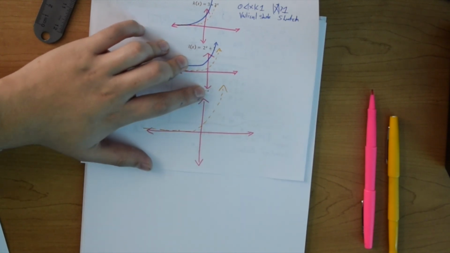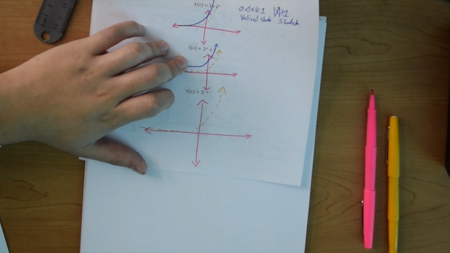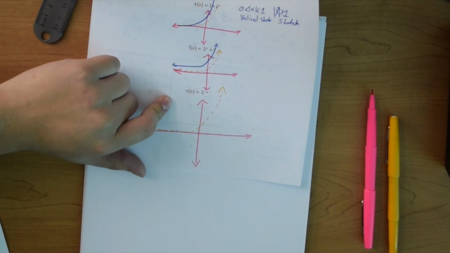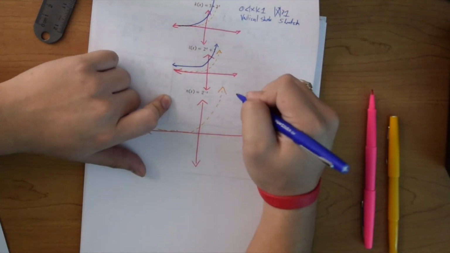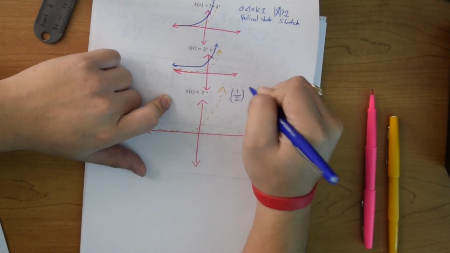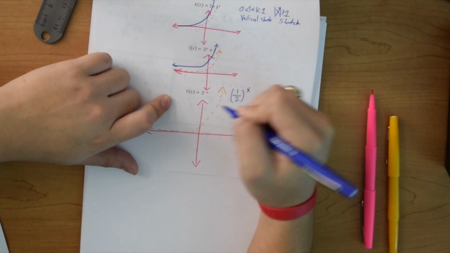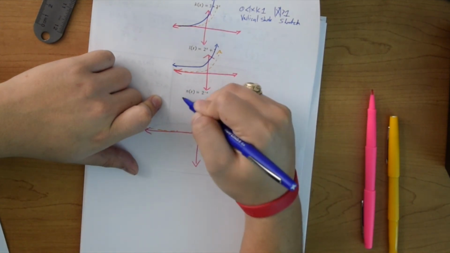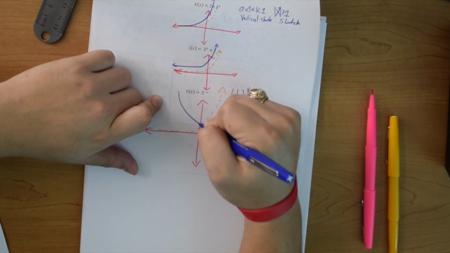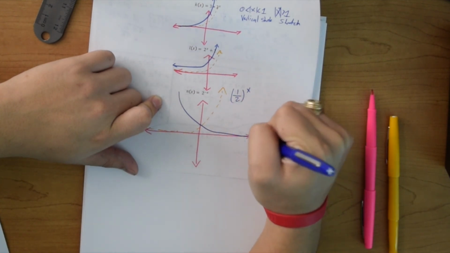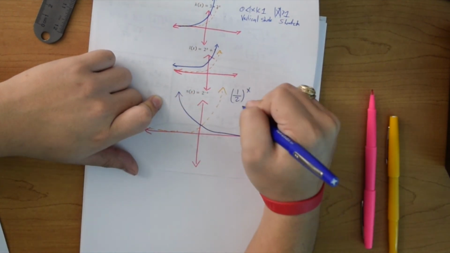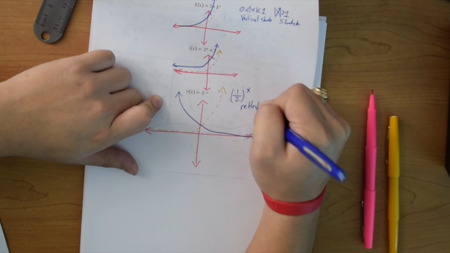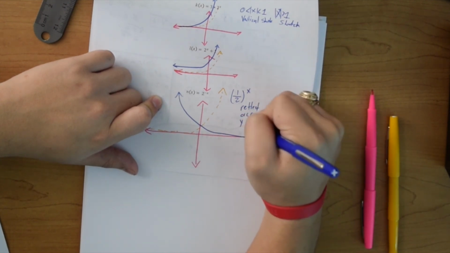If we were to simplify it so that we only have positive exponents, what does this look like? Yeah, this is going to be 1/2 to the power of x. And this is actually going to be an exponential decay function. So it's going to look something like this. In other words, it is going to reflect across the y-axis.